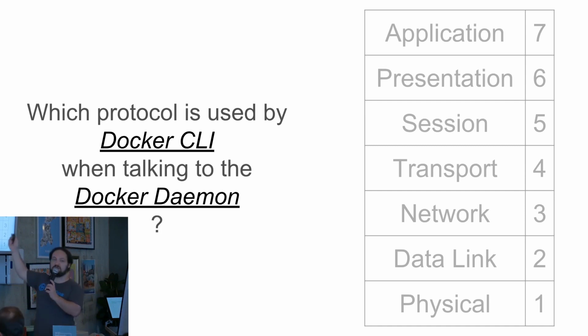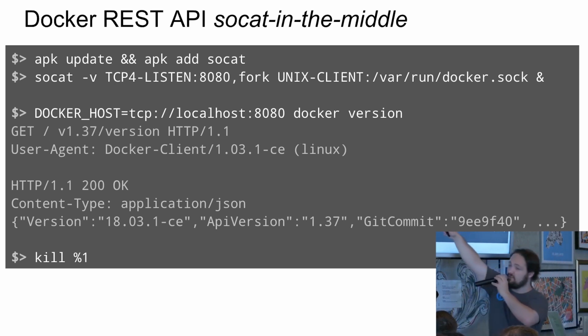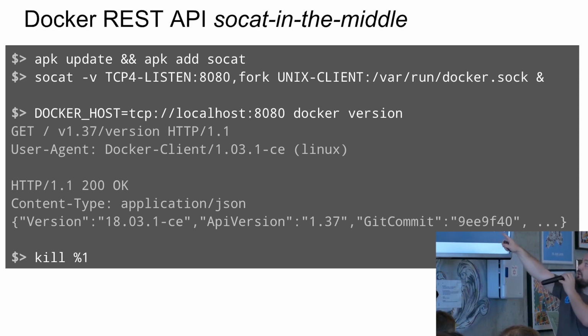Okay? So now that we really know how these two talk to each other, let's eavesdrop on them. So you have your servers. Let's install an application called socat. Socat can create a listening port. In this case, it will listen on port 8080, and everything sent there will be sent to the socket.